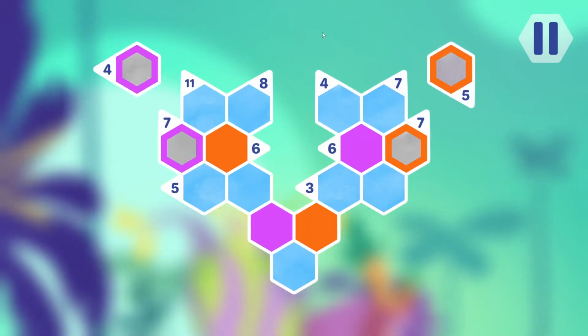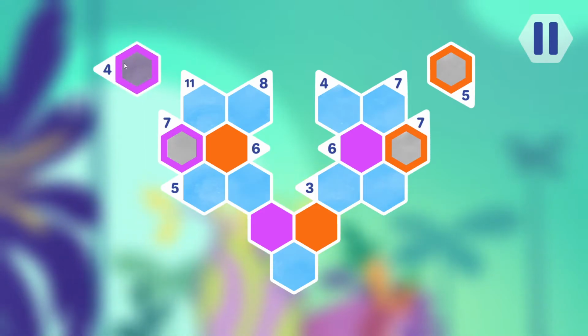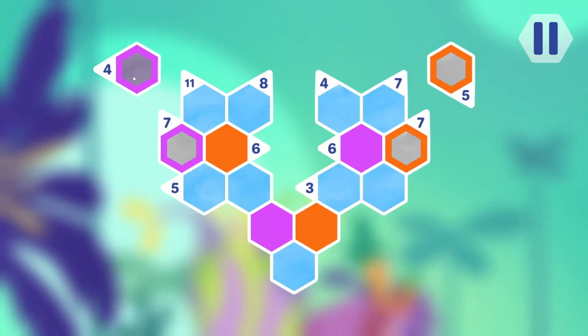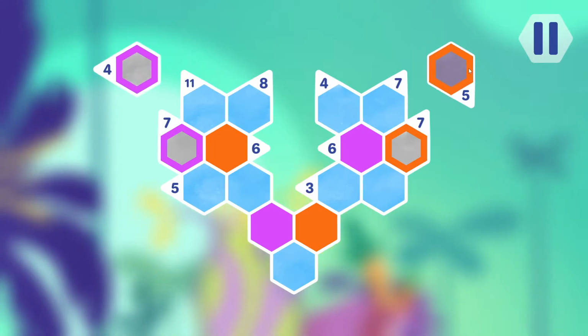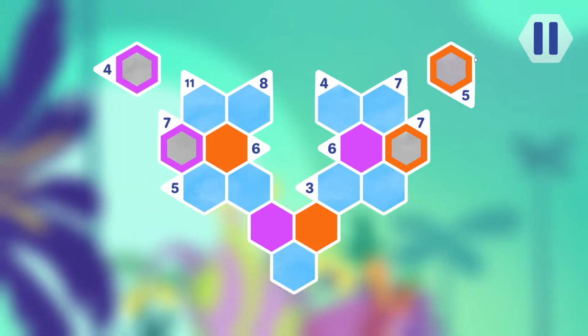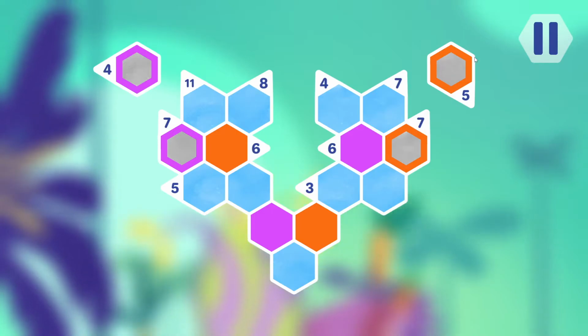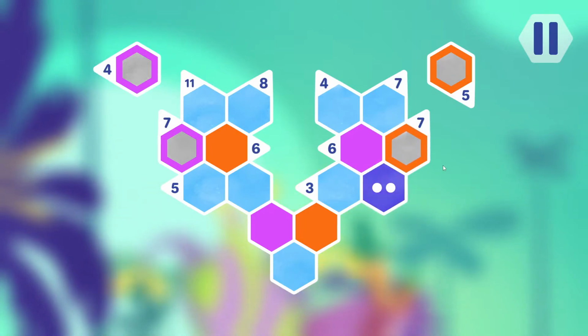Oh, this is actually interesting. You see, we know that in general, as a whole, there are only 4 purple and 5 orange dots in cells. Let's see how we can use that. So we know that this is 5, so 2 remains.